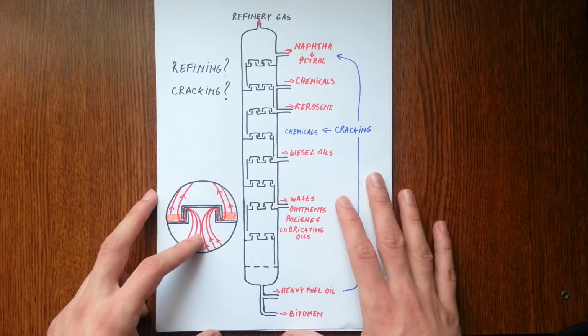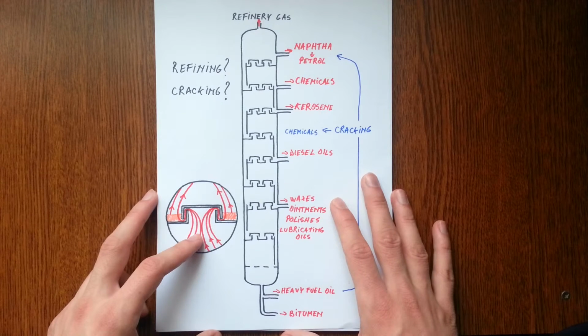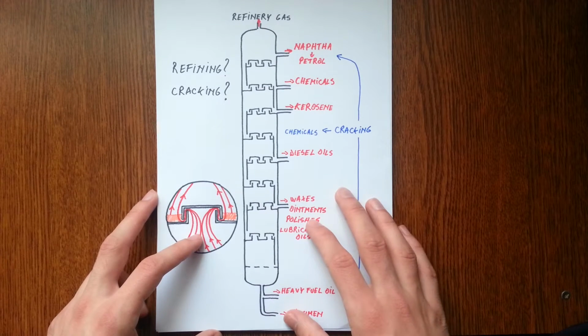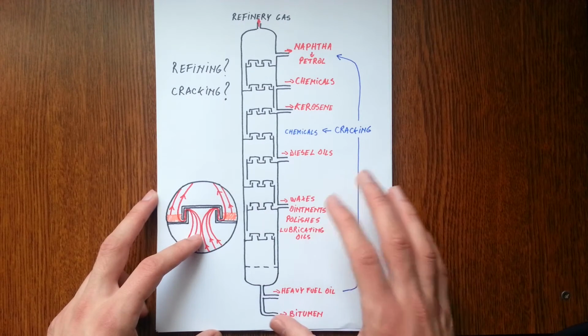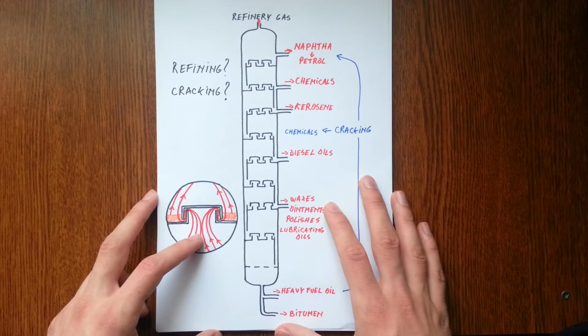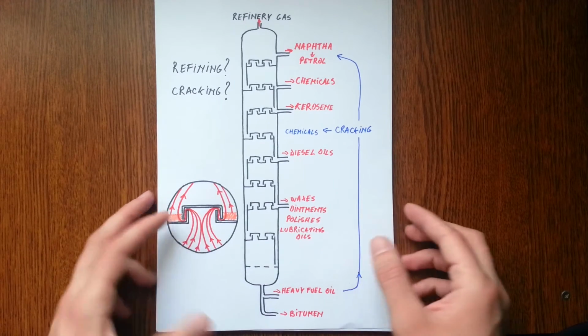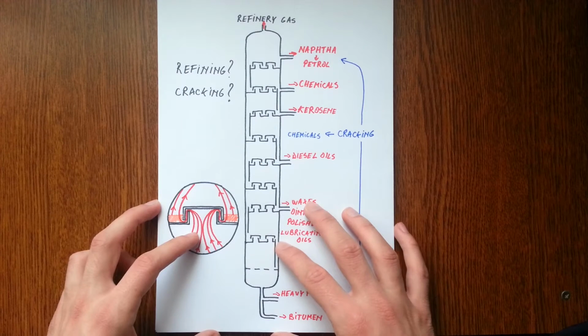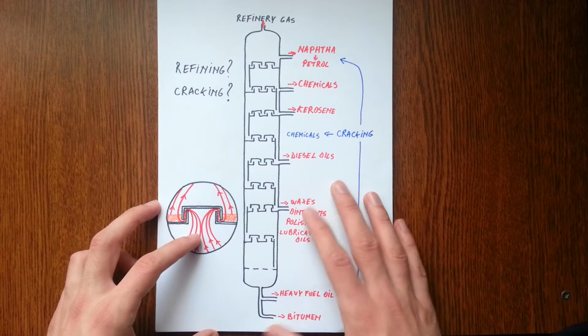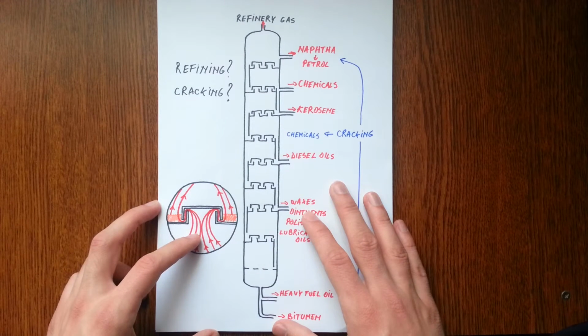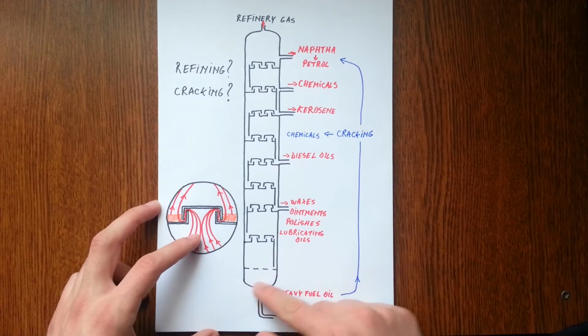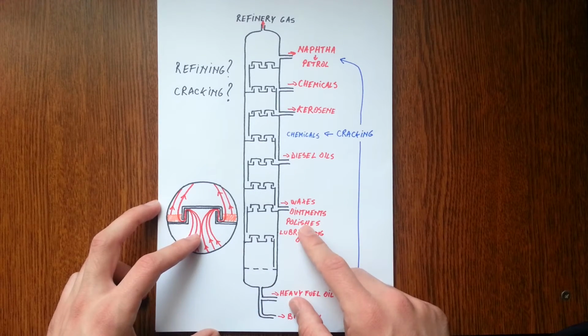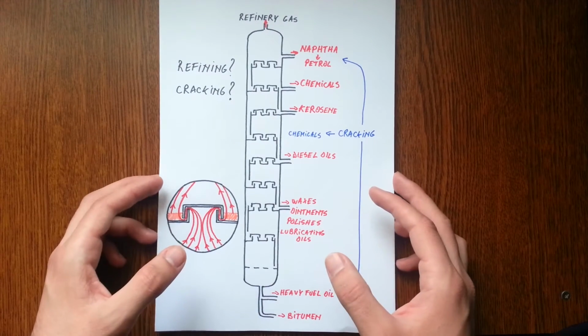Now, in thermal cracking, the hydrocarbons are heated to between 450 and 540 degrees Celsius at high pressure. The result is a low-grade fuel, which is then refined again at higher temperature and pressure to produce high quality petrol.